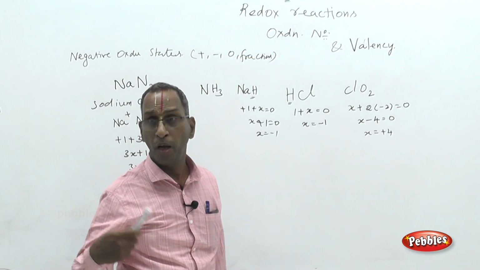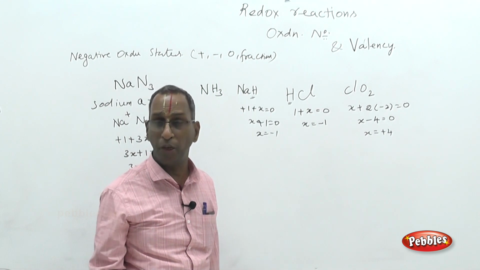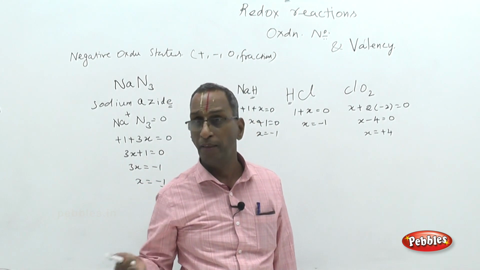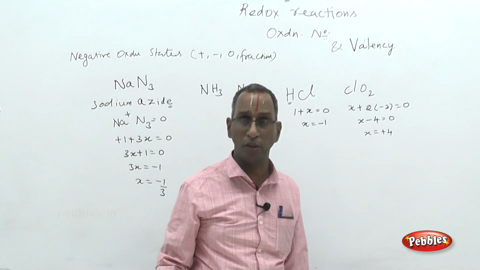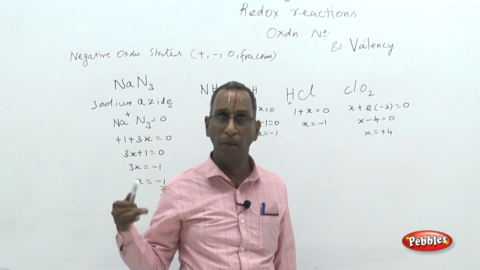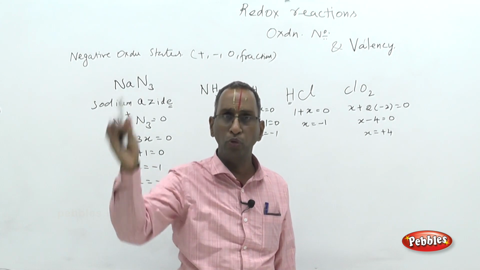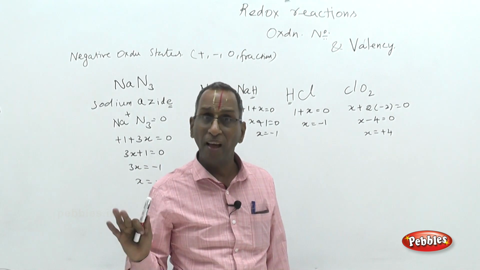Chloride, bromide, iodide: for all halogens the oxidation state is negative. Similarly, for oxygen group elements, oxide, sulfide, selenide, telluride, the oxidation state is negative. Metals in the first two groups of the periodic table, alkali metals and alkaline earth metals, always have a positive oxidation state.